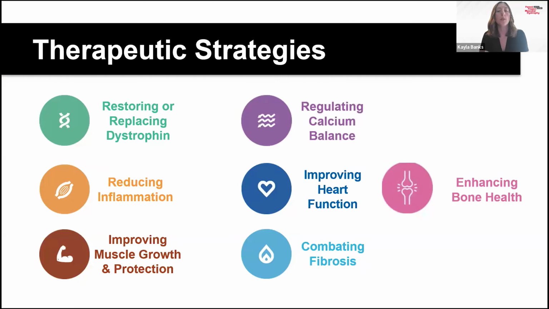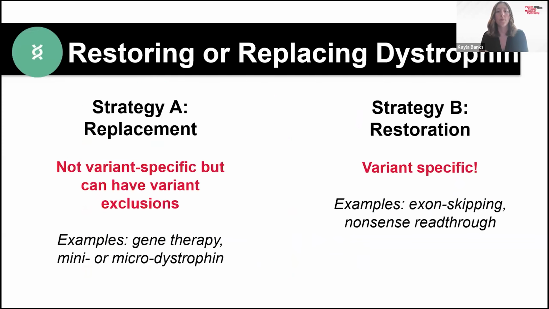It is important to note the category of restoring or replacing dystrophin is the only therapy strategy with variant exclusions or limitations based on genetic variant. All other therapeutic approaches are not limited by genetic variants. Looking closer at restoring or replacing dystrophin, we can divide this into 2 strategies.